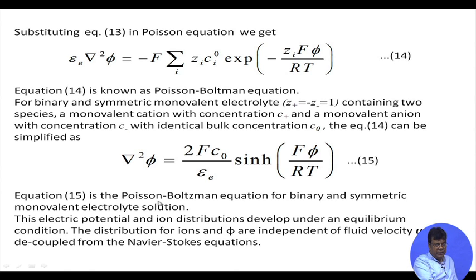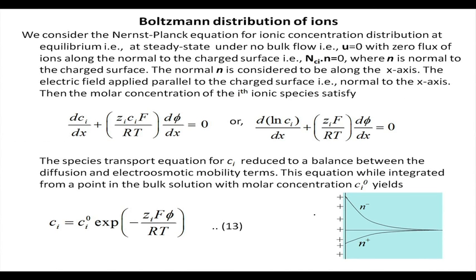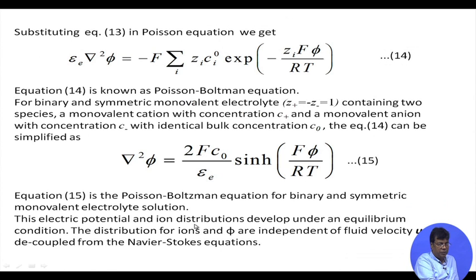This equation is referred to as the Poisson-Boltzmann equation. Again, this is a nonlinear equation, because phi is involved over here in a nonlinear fashion, but once I get the phi, I get the distribution of ions by this Boltzmann distribution. So, obviously, this is also referred to as the Poisson-Boltzmann model.